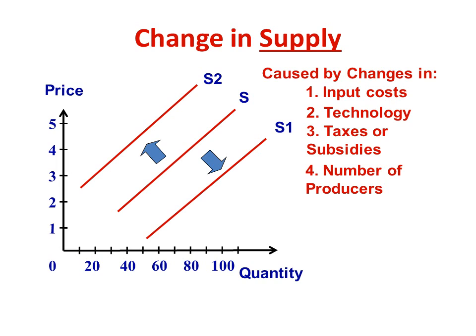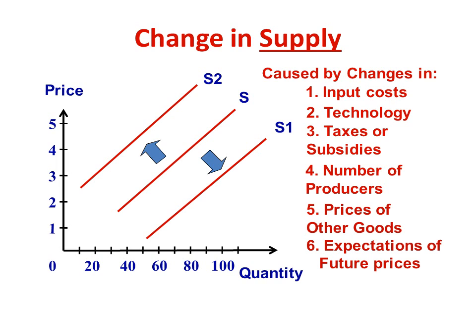The next two are ones that we mentioned earlier, but aren't quite as prevalent when it comes to non-price determinants of supply. Prices of other goods. This makes sense if the producer can efficiently alter production between two goods.